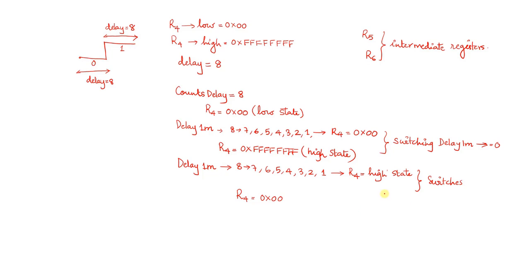Okay. So, in this particular waveform, if you observe in this particular square waveform, the delay is the one which is giving us the frequency. And this frequency can be varied to any value whichever you want to.